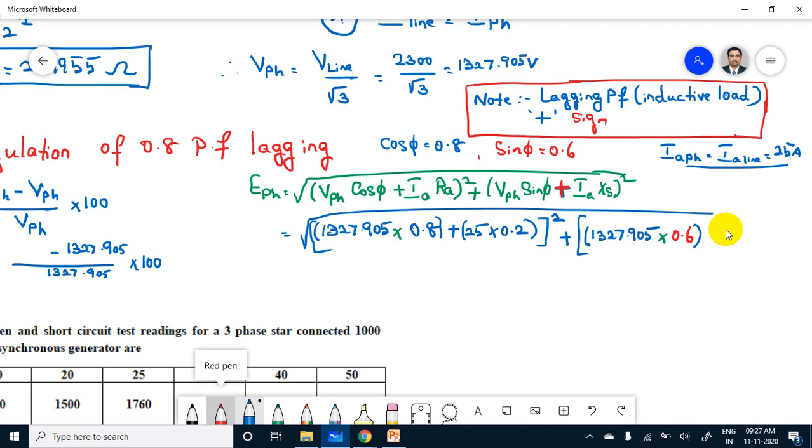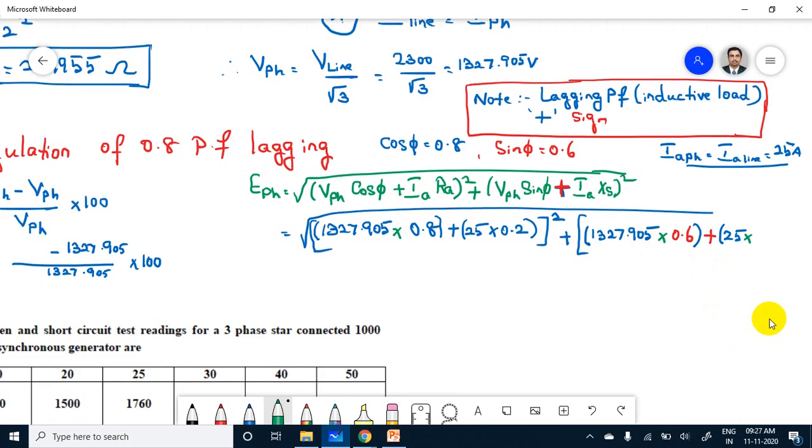Then we put a plus symbol, which is applicable for lagging power factor, into IA phase, which is 25, into XS. What is the answer for the reactance term?